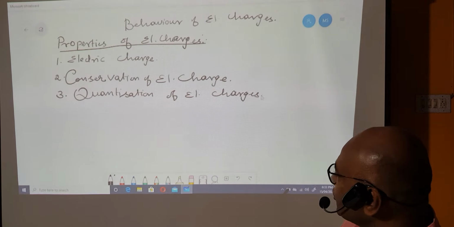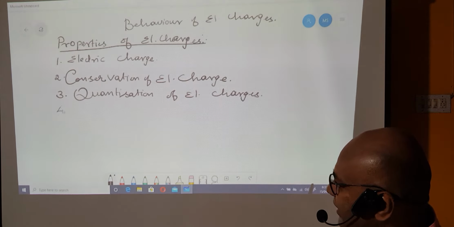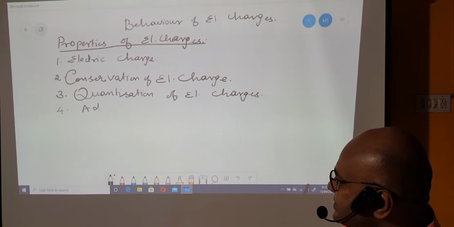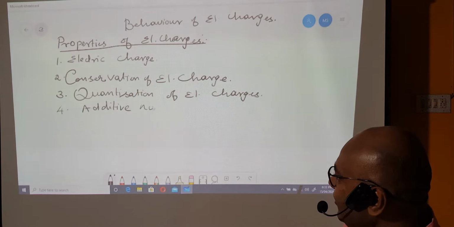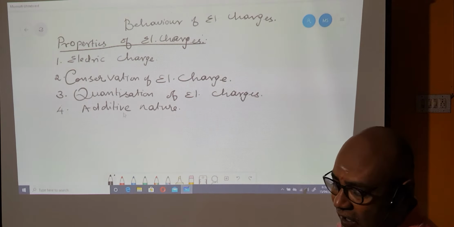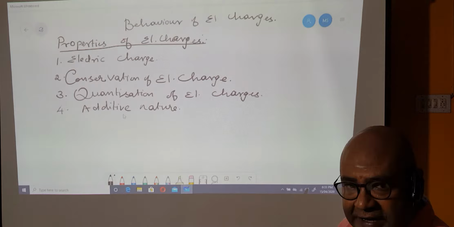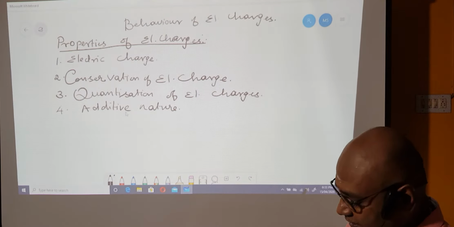And the fourth property of the electrical charges is its additive nature. These four are generally called the properties of electrical charges.